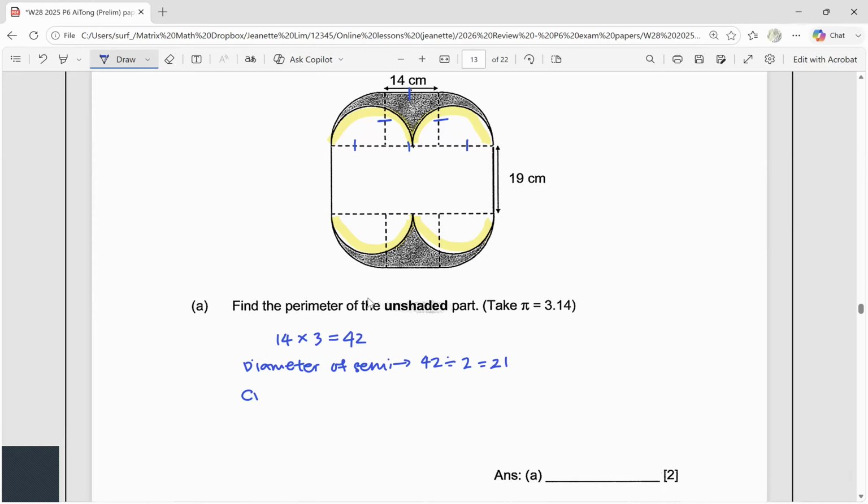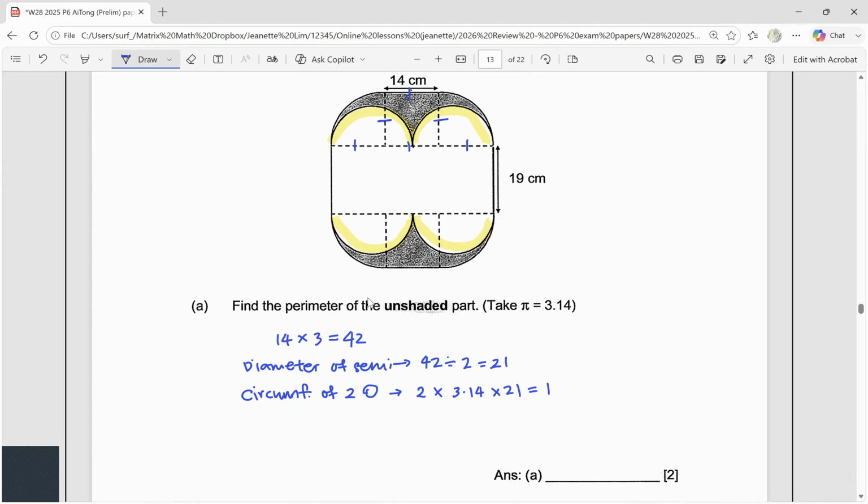So the circumference of 2 circles, using diameter, would be pi times diameter, or 2 times pi, which is 3.14, times diameter.